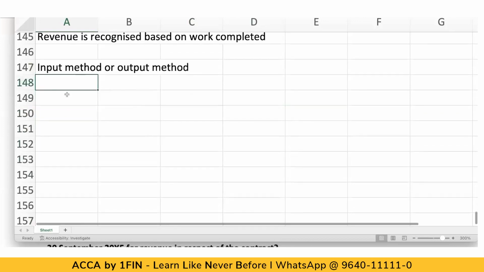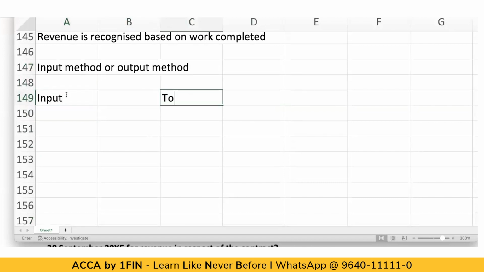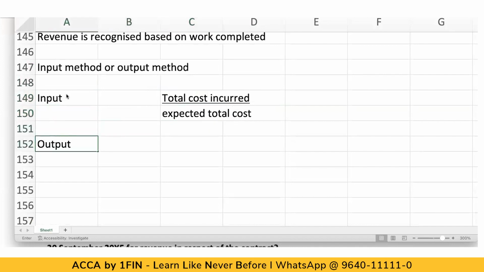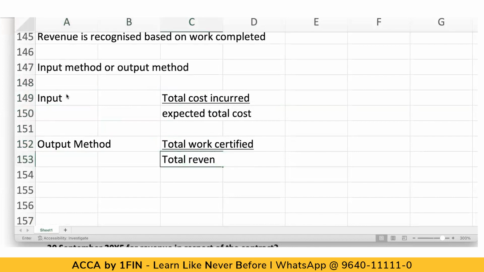Input method means total cost incurred divided by expected total cost. Output method means total work certified or work completed by total revenue. Okay, so total work certified by total revenue. Based on that, you will recognize revenue.